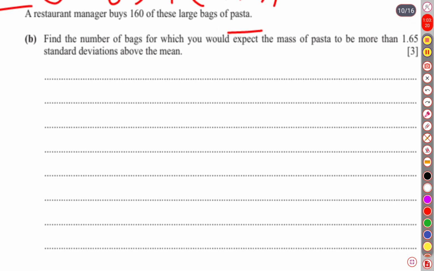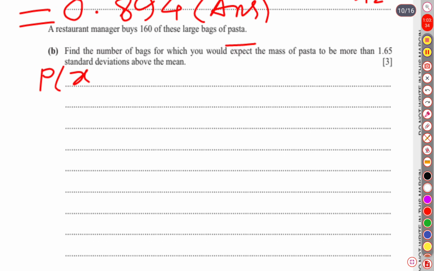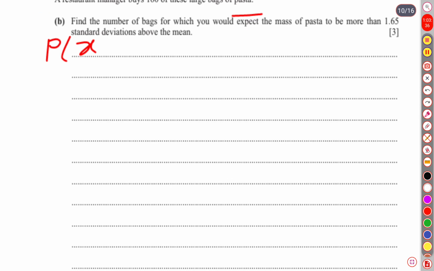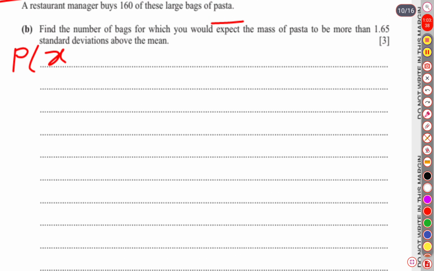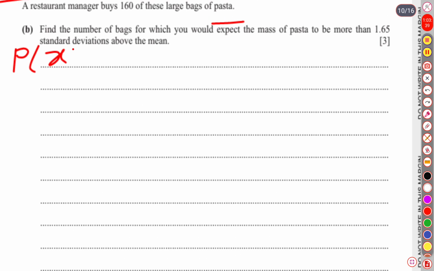Then it is under the same normal distribution, so there is no necessity of writing the parameters. Let us start. Probability of x is greater than, more than 1.65 standard deviations above the mean.